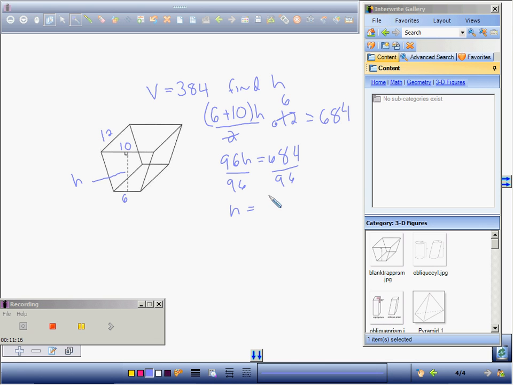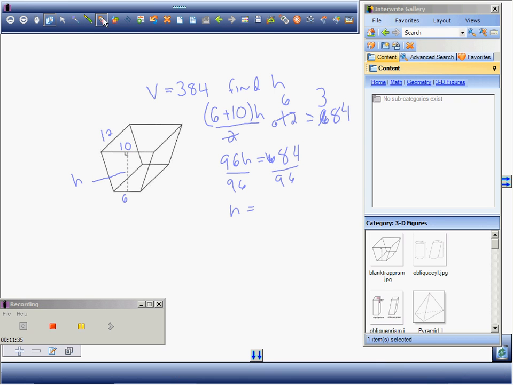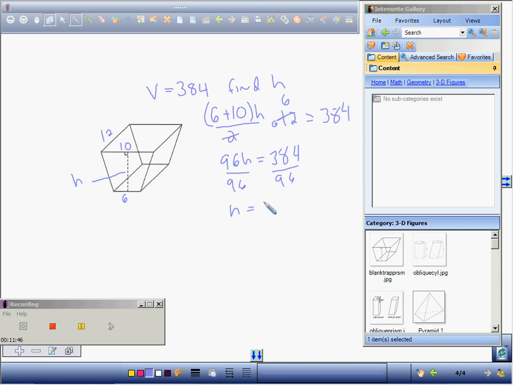Sorry, I made a mistake earlier, I wanted this to be 384. And 96 into 384 is 4. So now we found the height of the base of the trapezoidal prism.